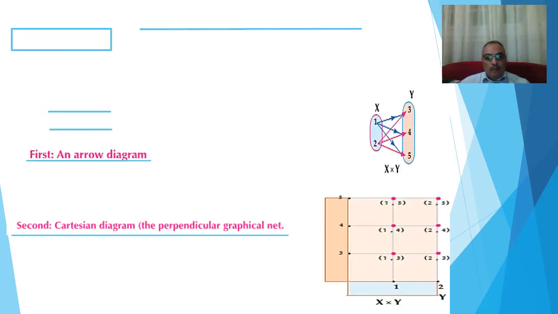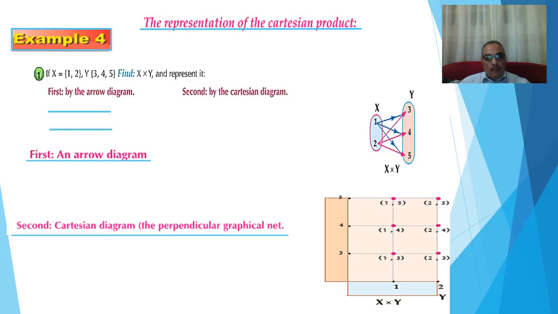Now we represent the Cartesian product by an arrow diagram or Cartesian diagram. For example, X is 1, 2 and Y is 3, 4. We find X product Y and draw the first arrow diagram like this.